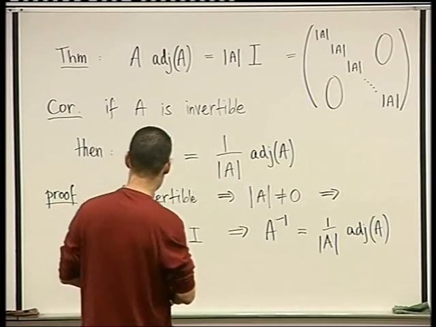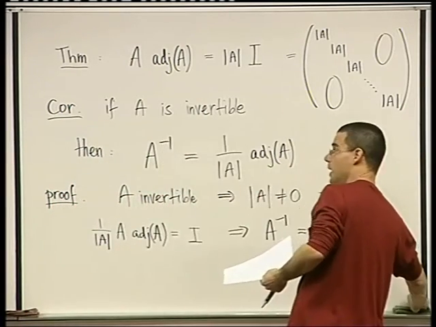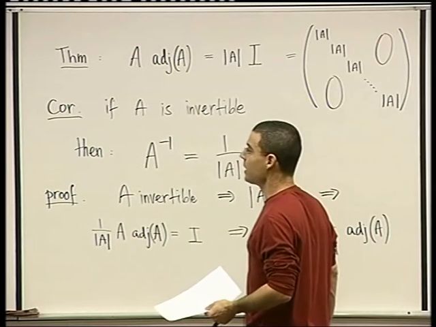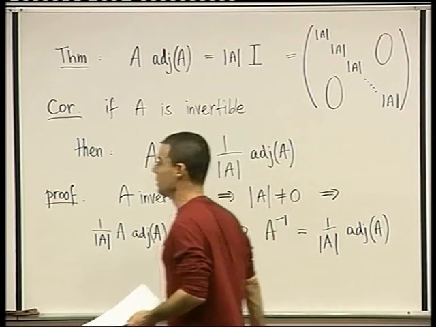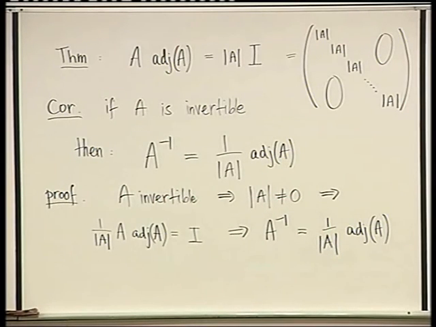Just a couple of remarks concerning the adjugate. Where will I write them? Let's write them here. I'm not going to prove them. So I'm going to call it remarks.